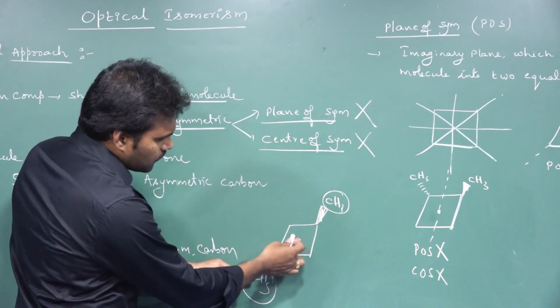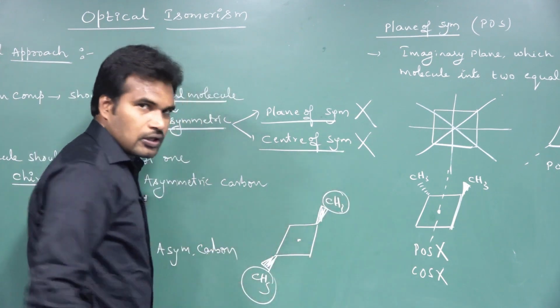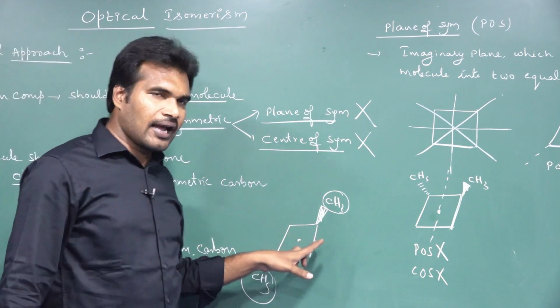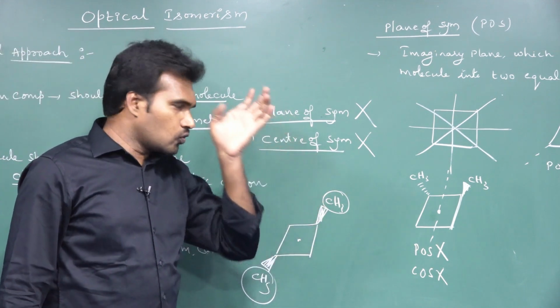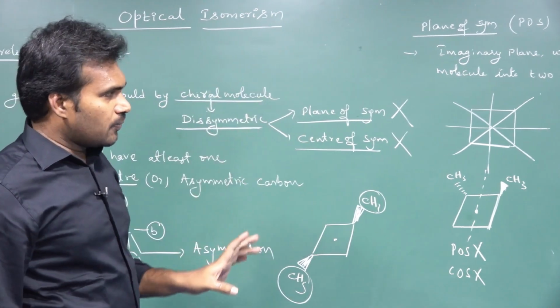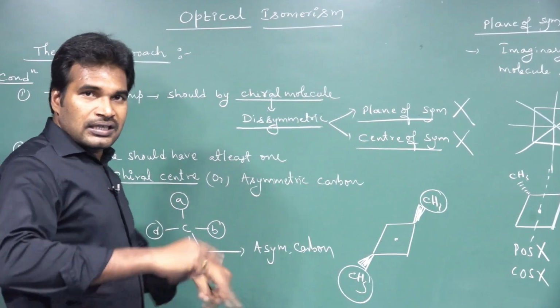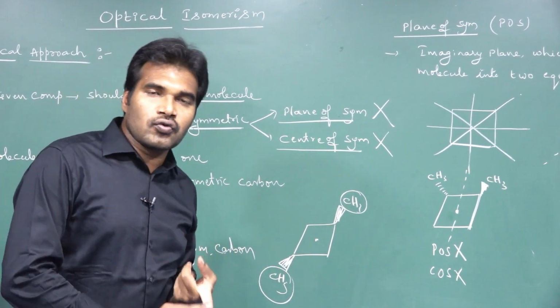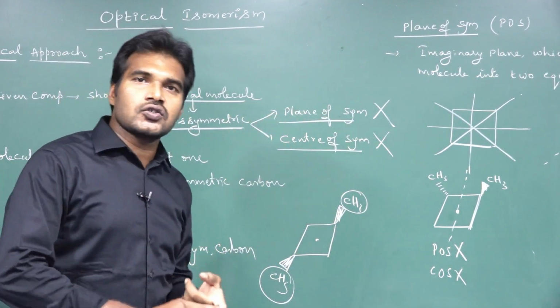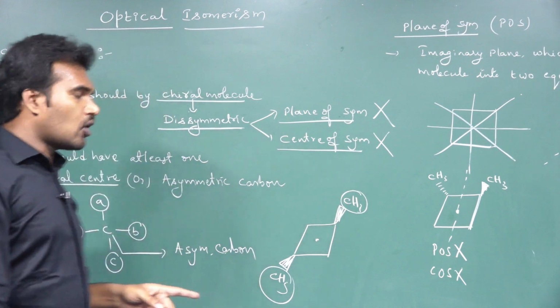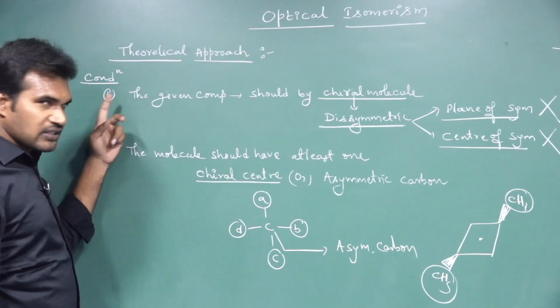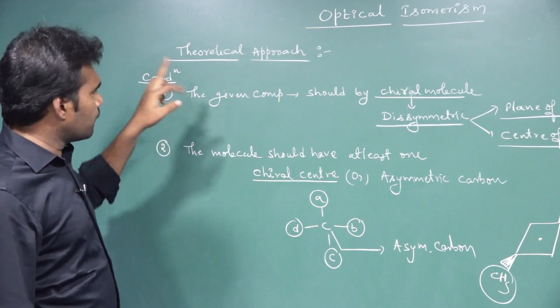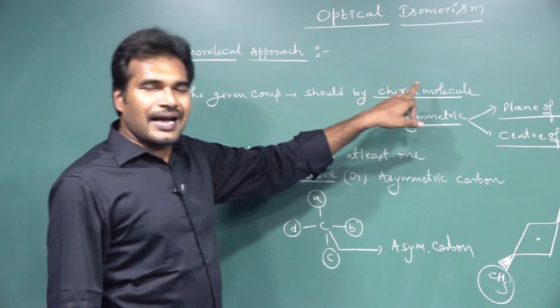How far this group is from the center, the same distance this group is also present. So definitely this compound is having a center of symmetry. So this is about the center of symmetry. When the compound does not have a plane of symmetry and also a center of symmetry, then only that compound will be optically active according to the first condition. What is the first condition? The given compound should be chiral.